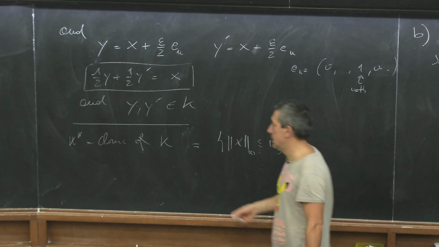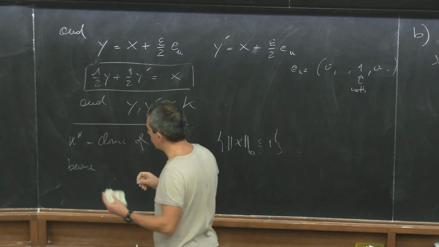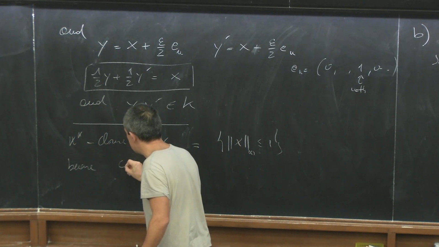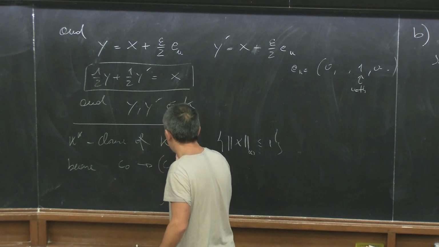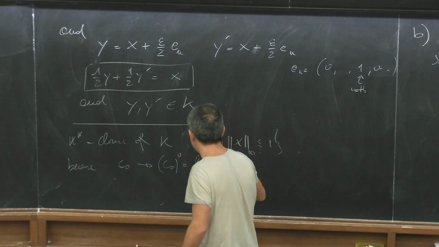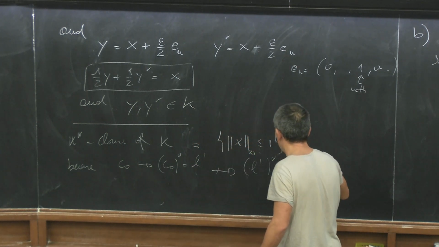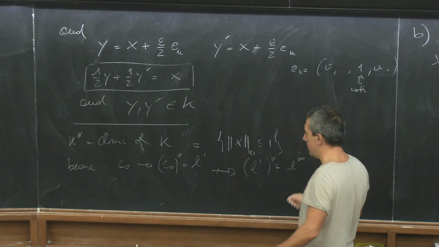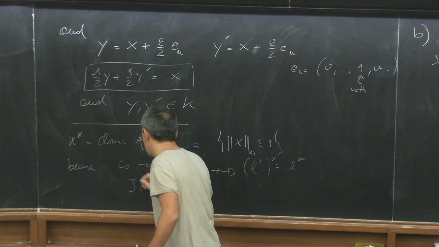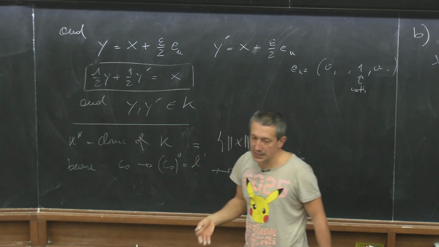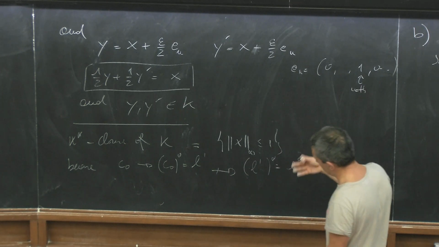Because, okay, we know the embedding: the dual of C0 is L1, and the dual of L1 is L infinity. And so the embedding is that, and we know the theorem that tells you this, I think it was the concept of Helly's lemma.